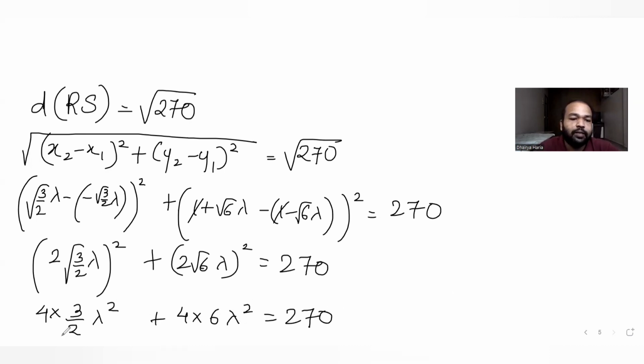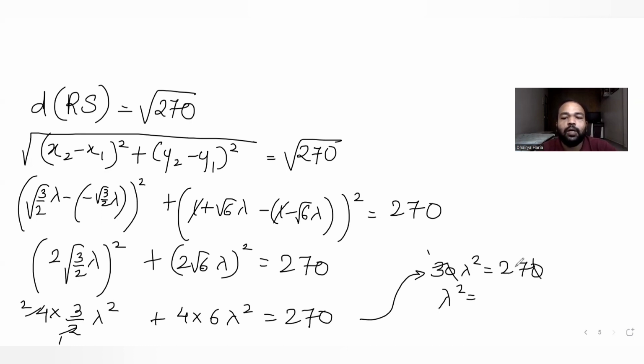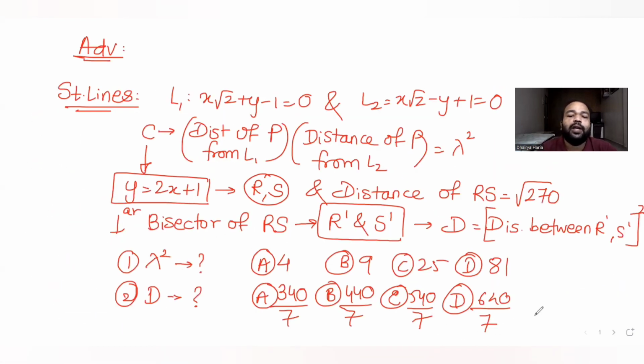So you get this 6 plus 24, that is nothing but 30 lambda square is equal to 270. If I solve this further, you get lambda square is 270 by 30. Zeros cancel, 3 ones are 3, 3 nines. So you get the answer for the first part of the question, that lambda square is 9.